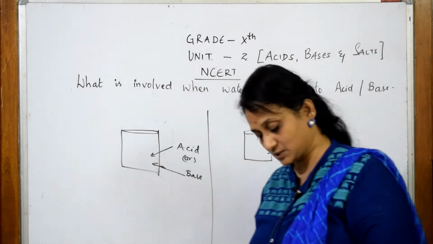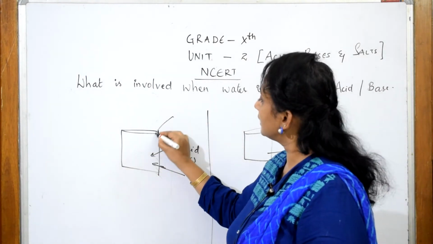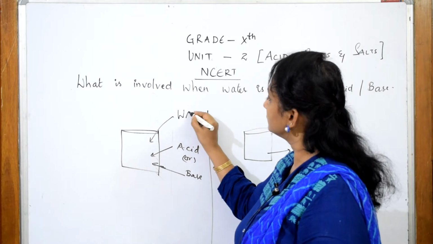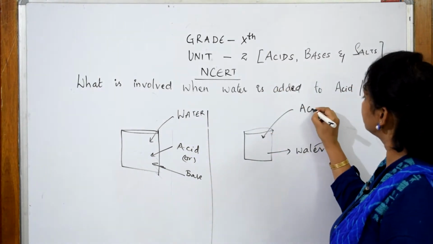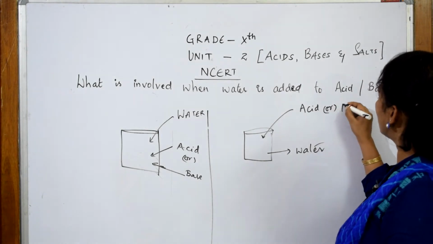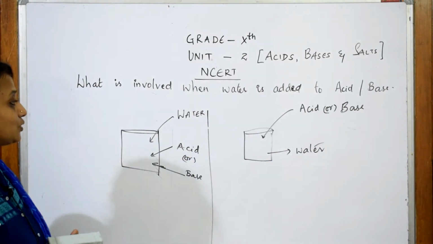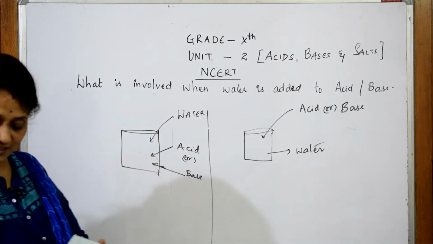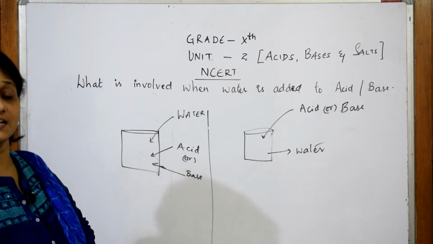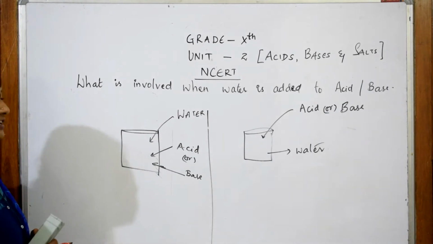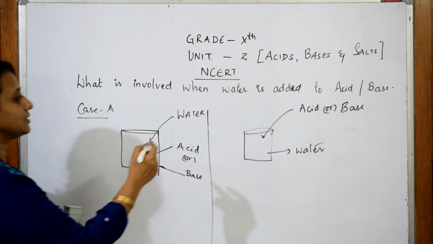In the first beaker, I'm going to add water, and in the other concept I'm going to add acid or base. Now they are asking us which is correct. First we will see what we should remember, and then the reason. This is case A, this is case B.